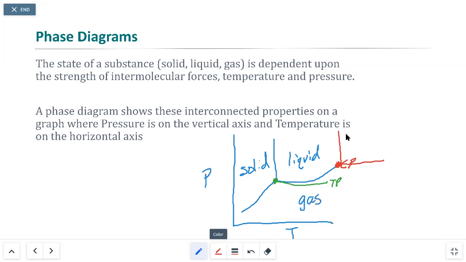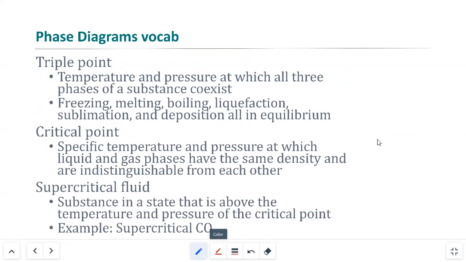What we will see instead in this zone here is something called a supercritical fluid, SCF. And so that is the name that we give to that phase that is kind of this indistinguishable mix of liquid and gas.